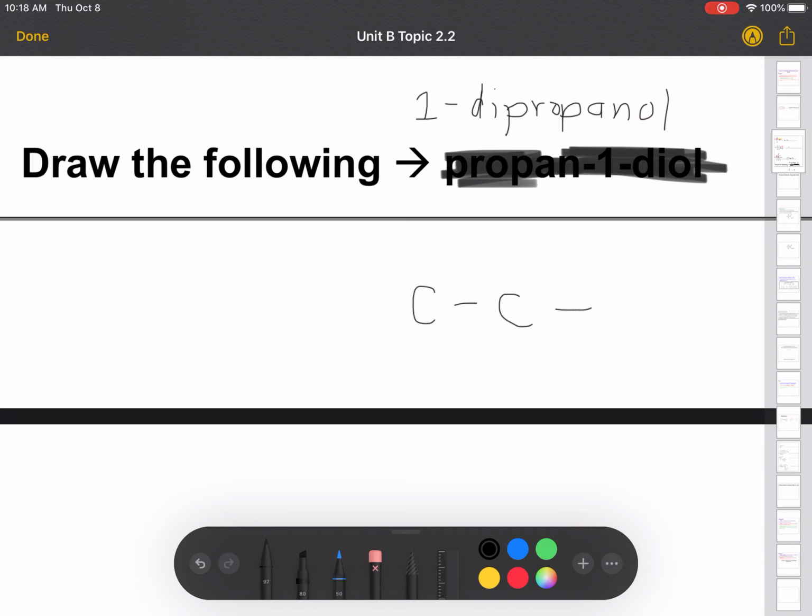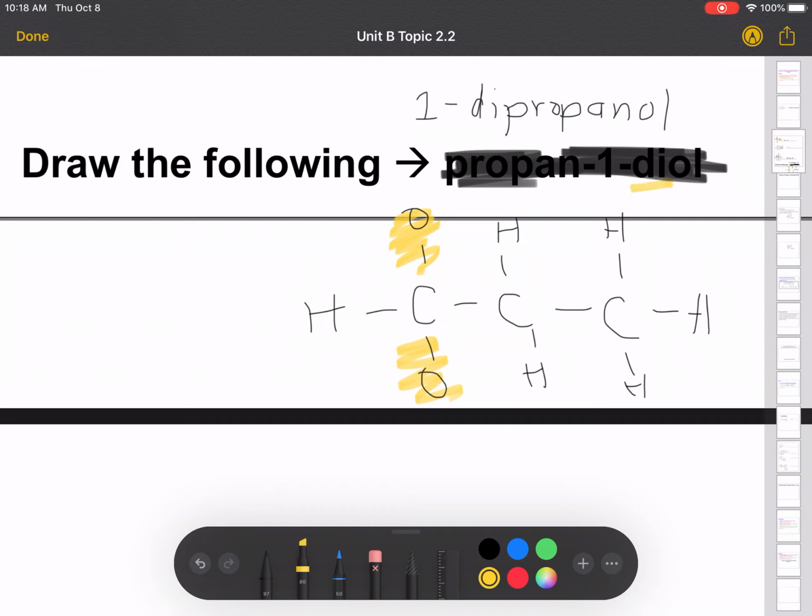So 1, 2, 3, that's a propane. We know it's an alcohol. It says the OH is on the number 1, and there's 2 of them. So this is what it would look like. The di is telling us that there's not only 1, but there's 2 OH groups. So remember that di tells us 2.